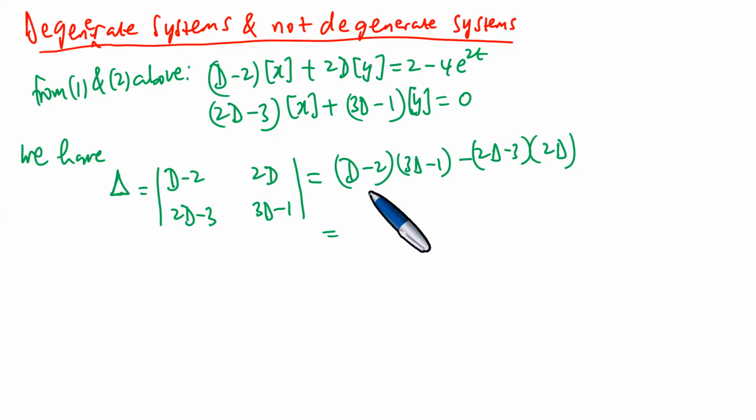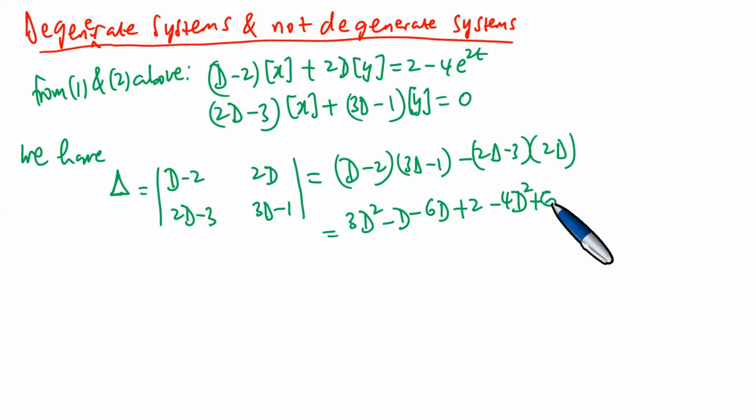Right, if we therefore have this here, what is all this? The D and the 3D is going to be 3D squared. So this is going to be 3D squared minus D minus 6D plus 2 minus 4D squared plus 3 plus 6D.